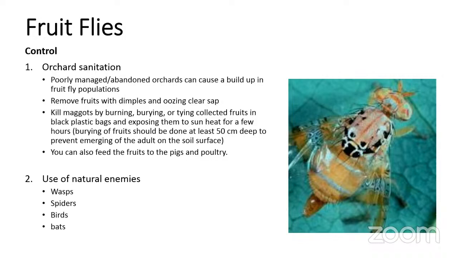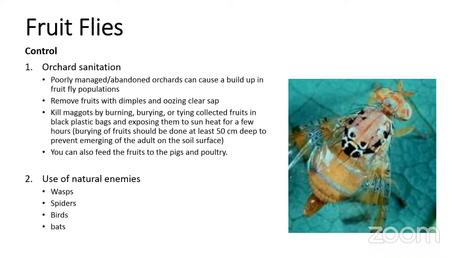The second one, remove the fruits with dimples and oozing clear sap. As it punctures the fruit, sap will be coming from the fruit. So if you see sap coming from the fruit and there is a puncture, remove those fruits.